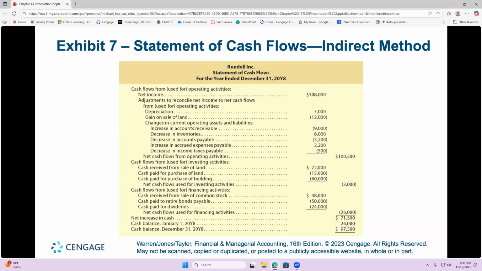So if they take this net increase to cash, they add the cash balance from the beginning of the year, it should add up to the cash balance at the end of the year. So you can look at your balance sheets and you can see what that change is, right? If I look at last year's balance sheet, the cash would be 26,000, and this year's balance sheet, the cash would be 97.5. All of this explains where that cash came from and went to.